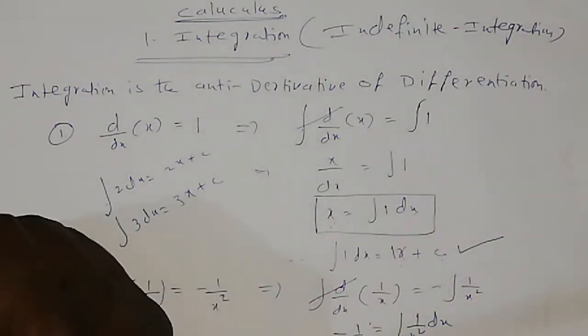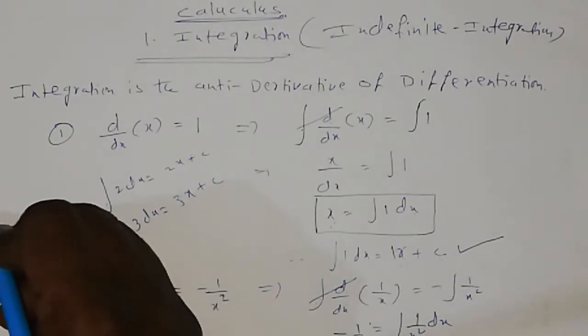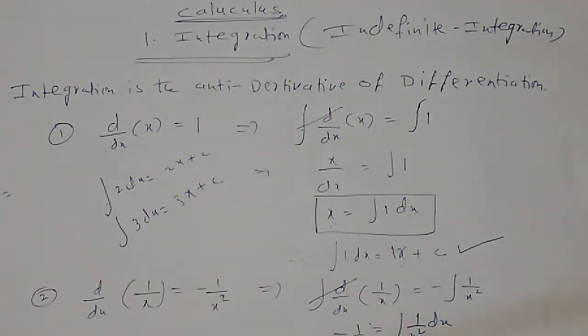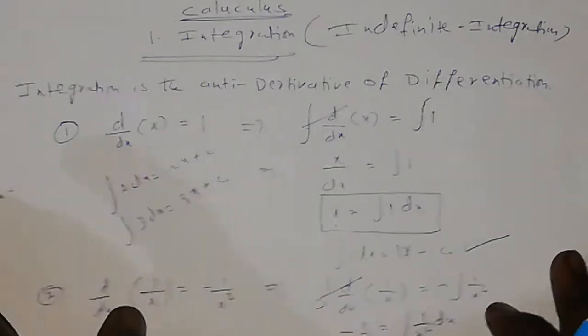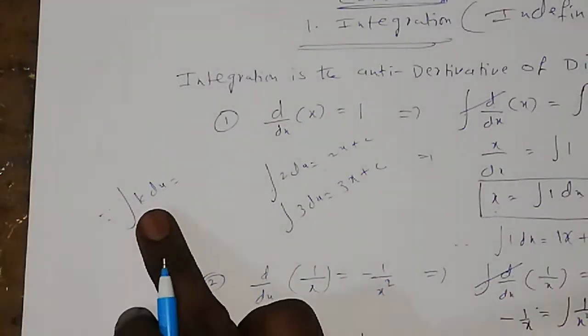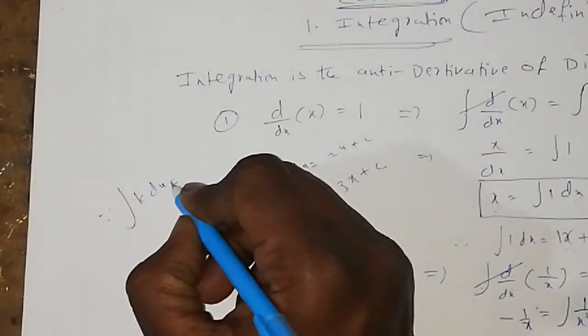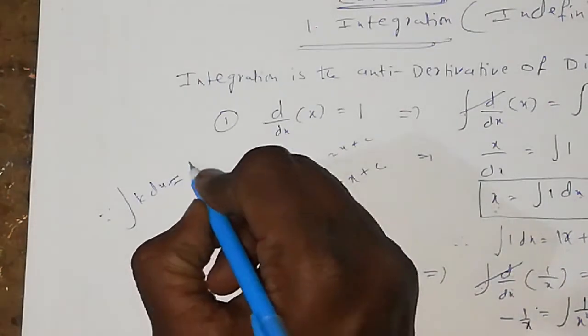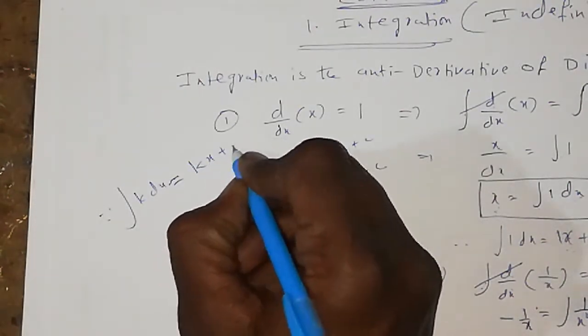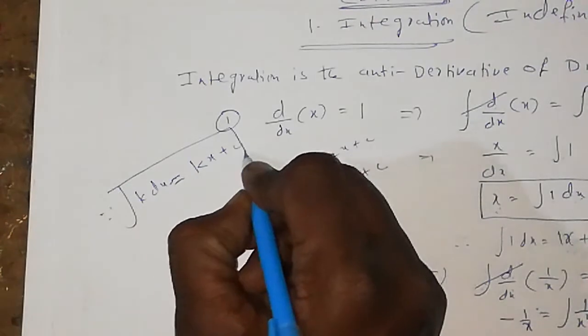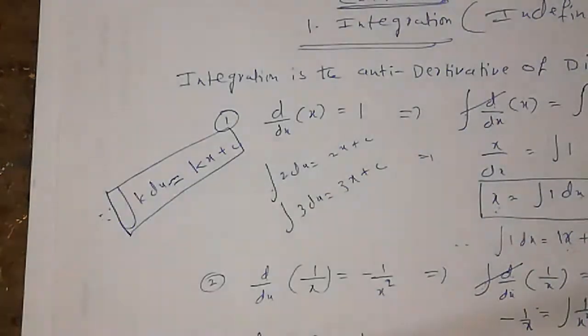So this is the standard form, integration of k into dx is equal to kx plus c, where k is a constant number. Is it clear? Right. Now the next formula.